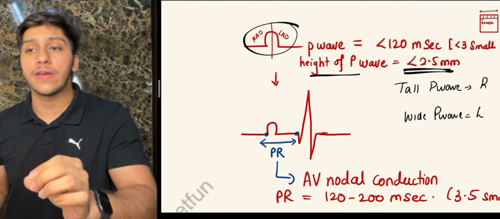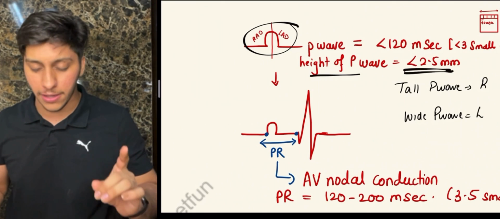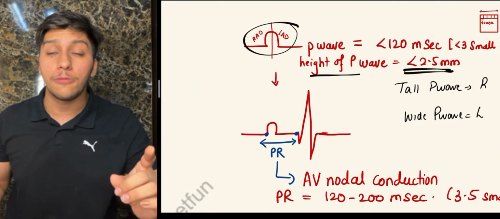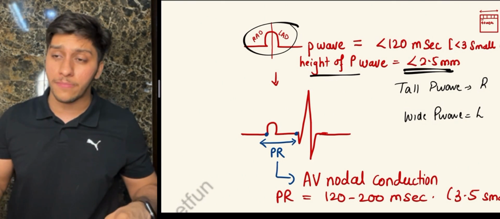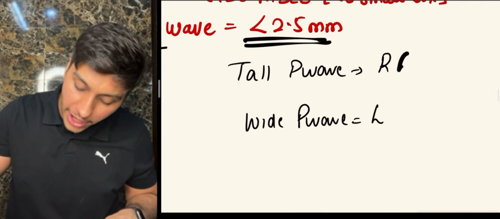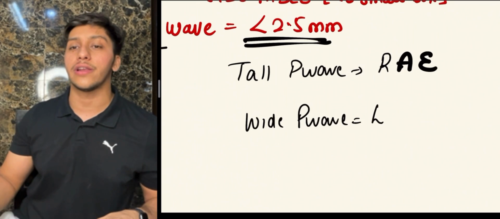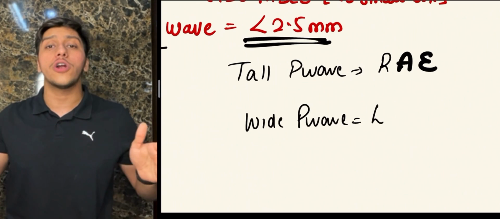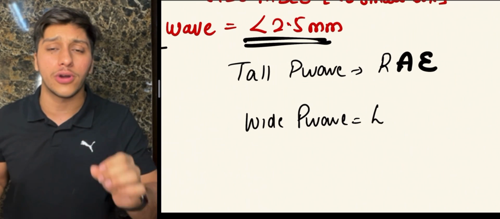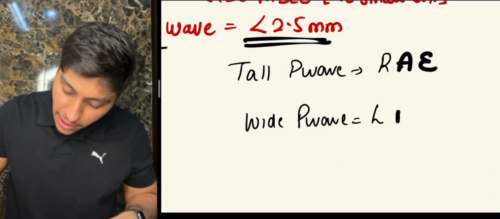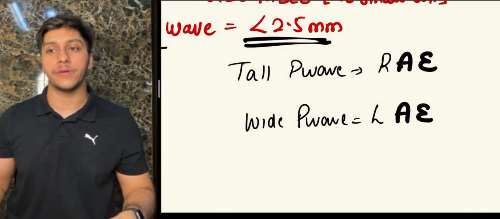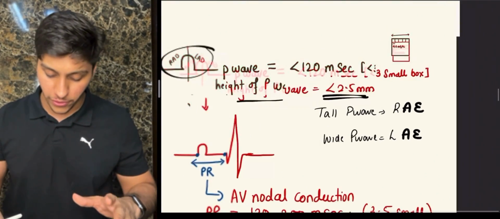If you have a tall P wave, which means more than 2.5 mm, remember it signifies right atrial enlargement. If you have a prolonged P wave, which is more than 3 small boxes, it signifies a left atrial enlargement. Okay.